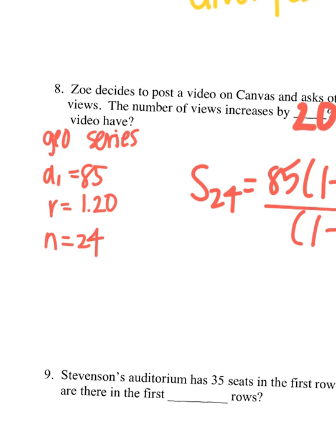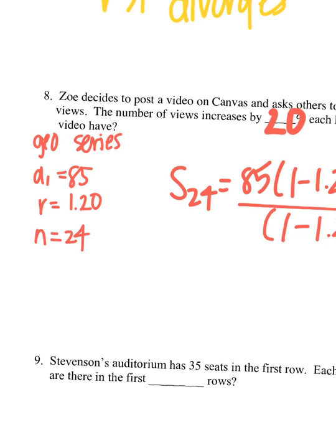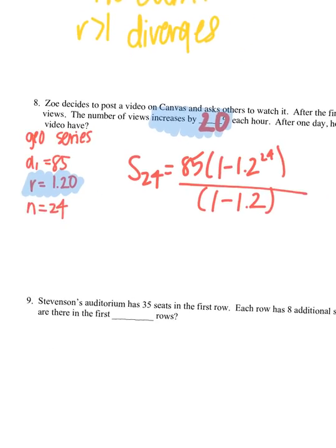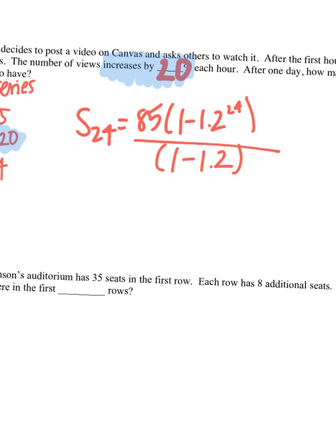Okay, a few things I want to look at before I talk about my setup equation is I notice in the problem that we are increasing by 20%. So right now, look at your setup equation. Is your common ratio 1.2 because you are increasing? Now let's go ahead and look at your setup. Do you have the correct parentheses?